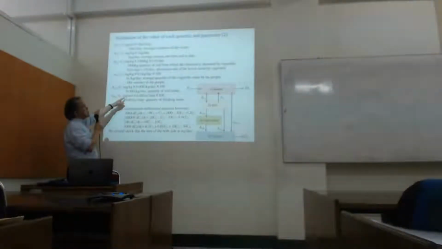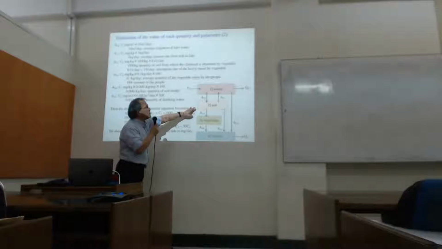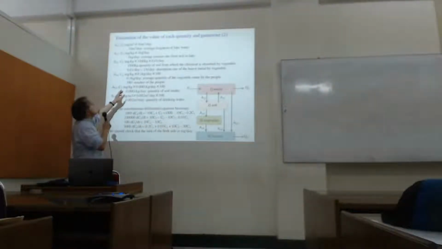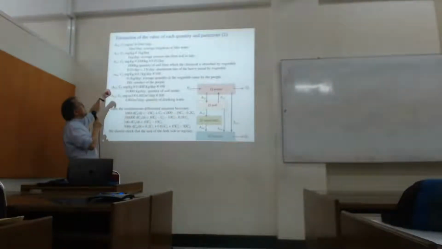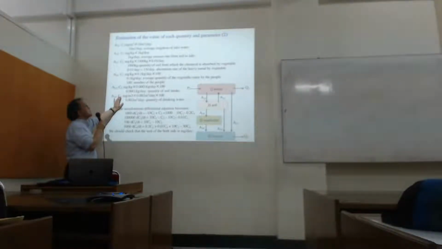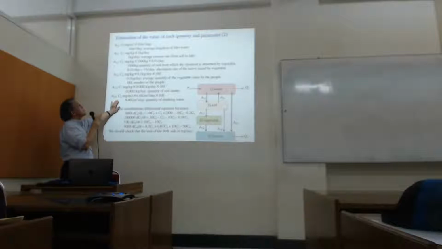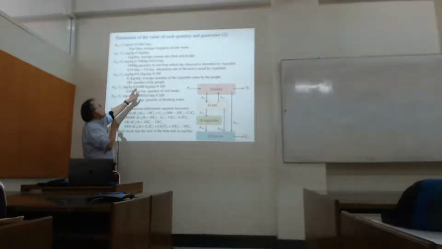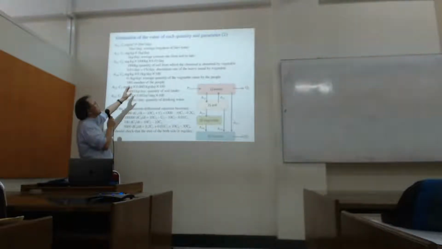Value of A23. A23 is from soil to vegetables. So you can estimate it from the absorption rate of the pollutant from soil to vegetables. For example, C2 milligram per kilogram, which is the concentration of pollutants in soil, times 1,000 kilograms. 1,000 kilograms is the quantity of soil from which the chemical is absorbed by vegetables.